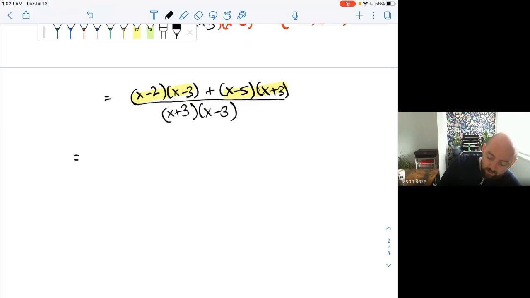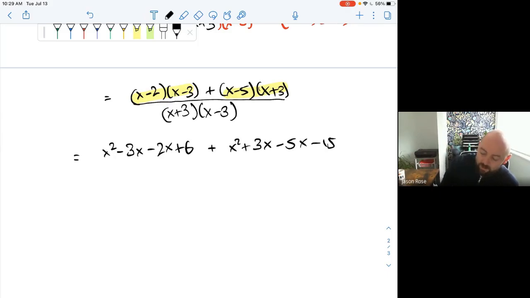So multiplying out the first term, we get x squared minus 3x minus 2x plus 6 plus x squared plus 3x minus 5x minus 15. Now, I actually don't want to multiply out the denominator.